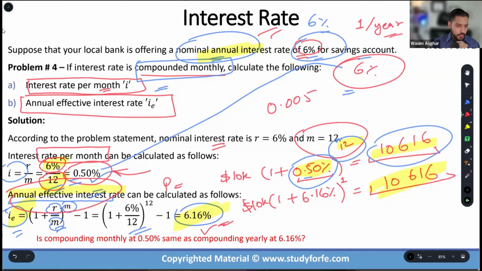It is different from the interest rate per period because we only have one compounding period. Okay. So when you see this, I used 1 over here, right? Because our compounding period was 1. But it is similar to interest rate per month, interest rate per period, in the sense that it takes multiple compounding into consideration.